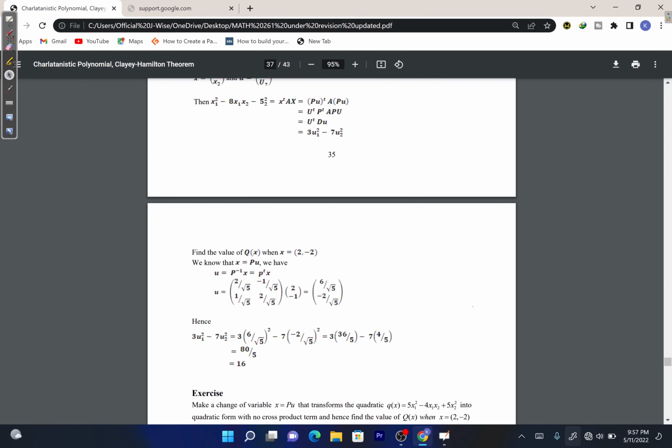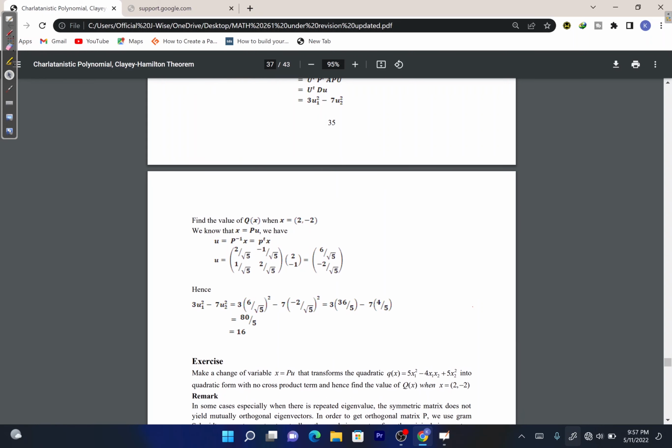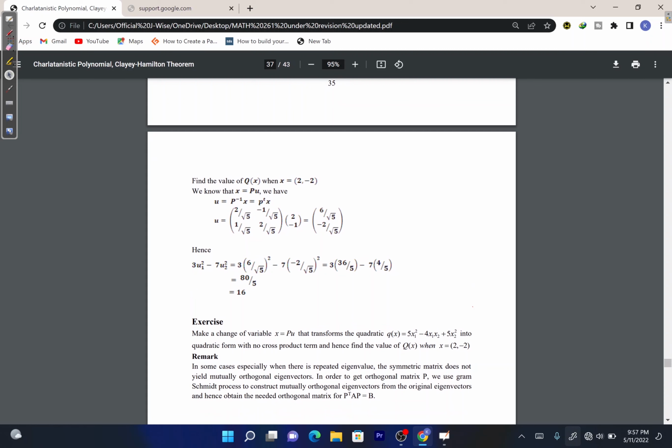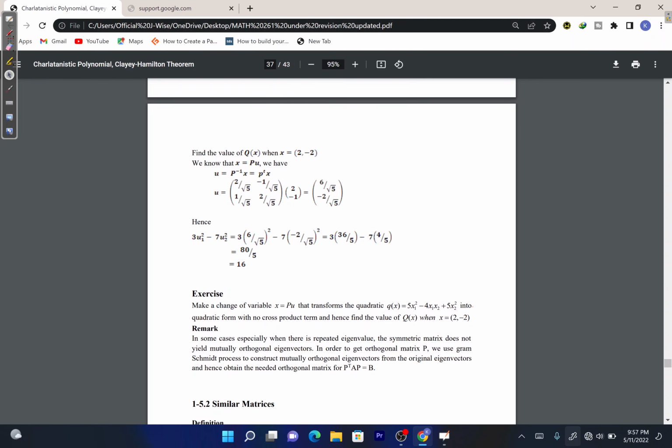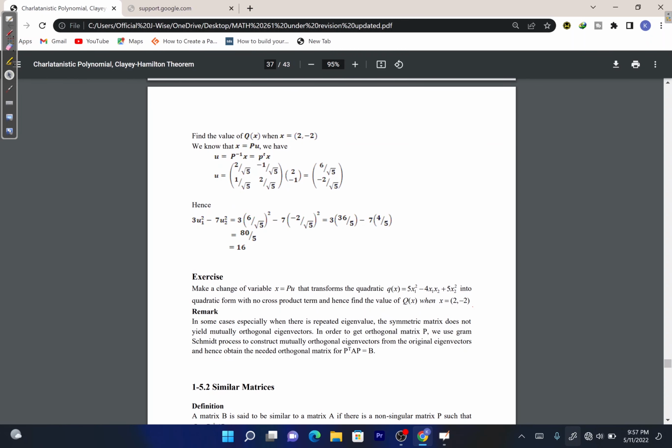So when you are given x to be (2, -2), then we know that x is equal to Pu, and therefore u is the same as P transpose x. So the transpose of P is this, and then this is x.